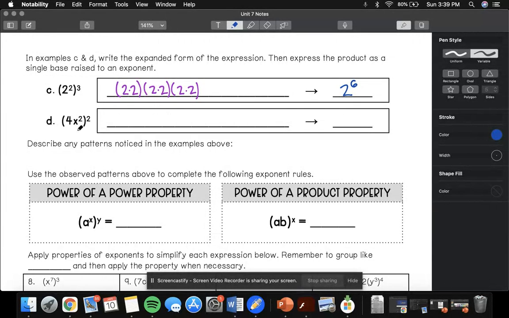For this next problem, we have 4x to the 2nd, and this base is being raised to the power of 2. So I'm going to write 4x to the 2nd, and I'm going to actually expand x to the 2nd. So 4x to the 2nd is just 4 times x times x. And this base is being multiplied by itself another time, 2 total times. So I'm going to go ahead and write that again.